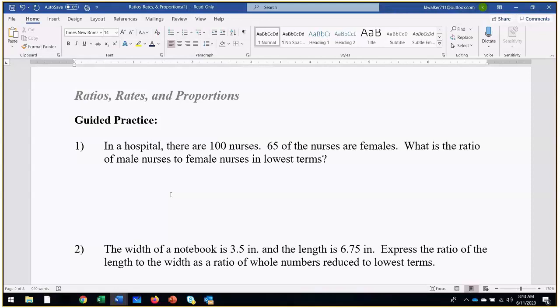That's your total. 65 of them are female. And they want male to female in lowest terms. All right, so let's take a look and see what that looks like.